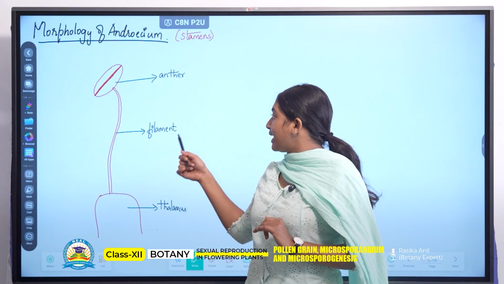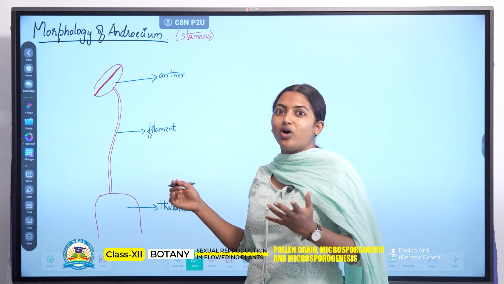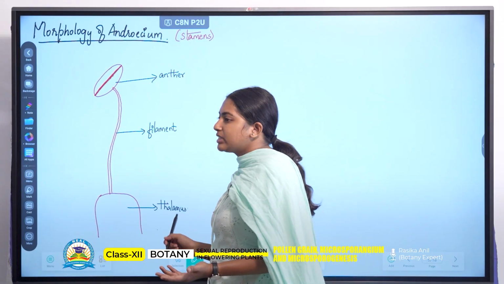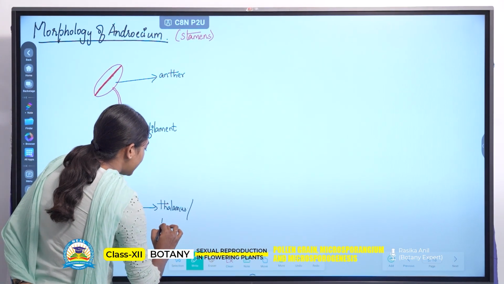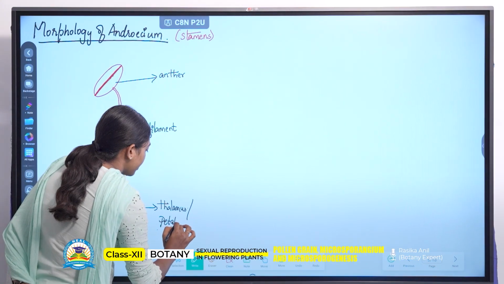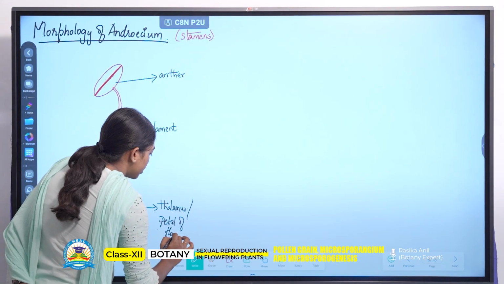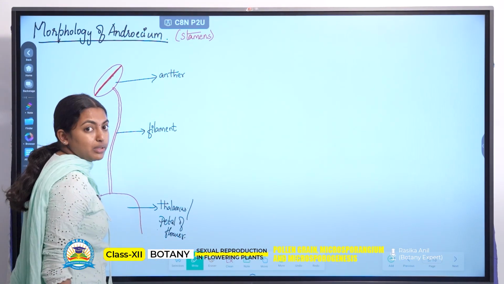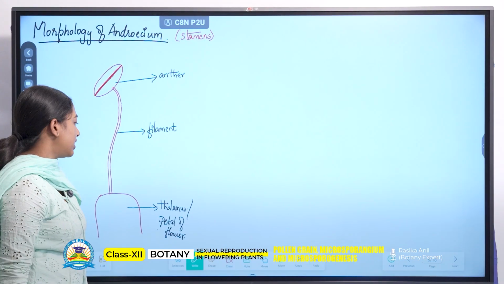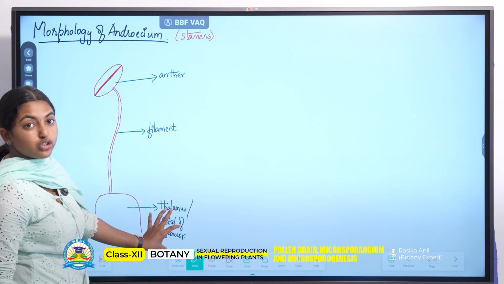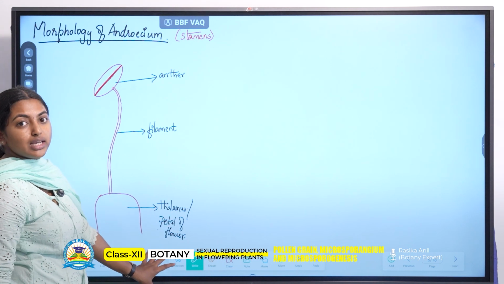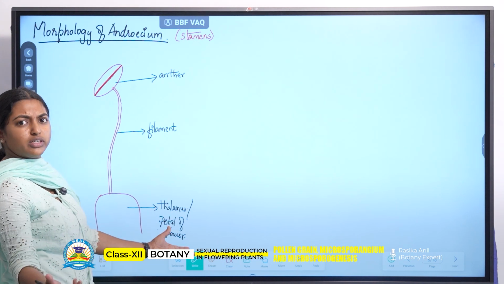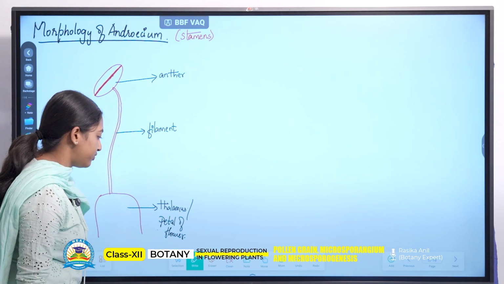The proximal end of the filament is attached to the thalamus, or it can be attached to the petals, sepals or tepals. In that case, it will be attached to the petal of the flower.